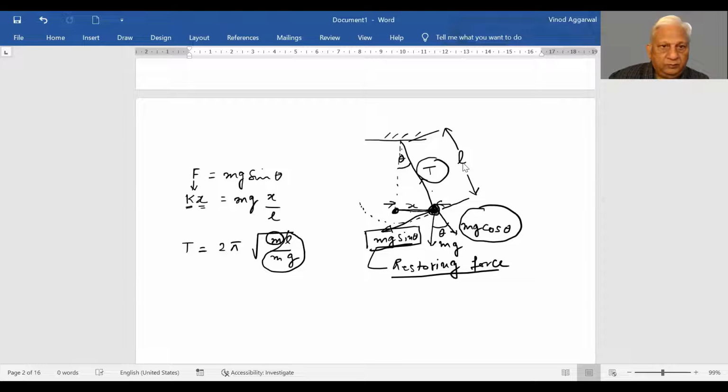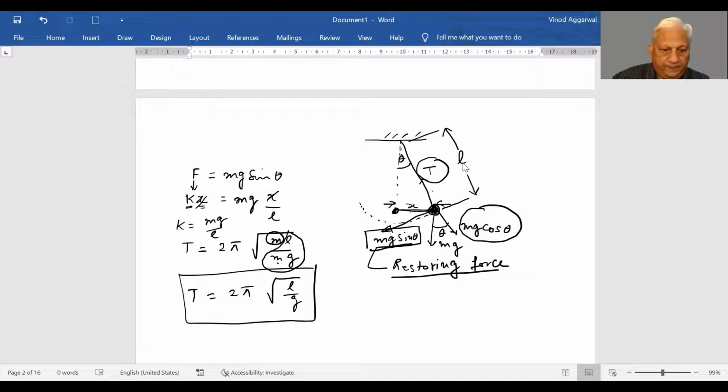We cancel out m. So from here, what we get, k is equal to mg by L. That is what we have done, mg by L. So time period becomes 2 pi root of L by g. This is the time period of a simple pendulum, right?